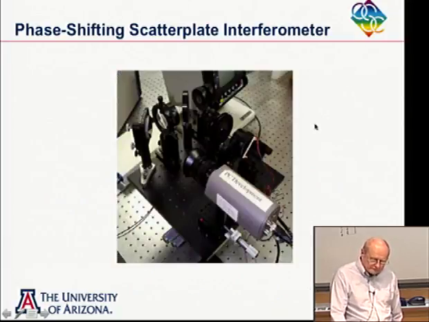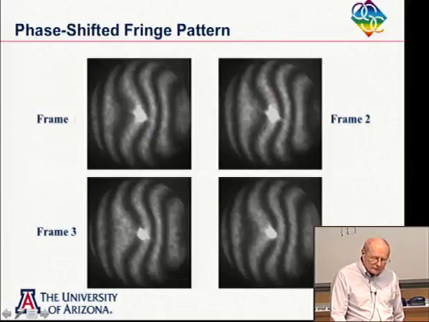So if we come here, I don't know, this doesn't show anything, but there's a light source and a beam splitter and a scatter plate and a camera and stuff, but you can't really see it from the picture. But here are our 4 phase shifted frames. And lo and behold, in a normal scatter plate interferometer, of course, the zero order fringe goes through the hot spot, but when you do the phase shifting, of course, that's not true anymore.